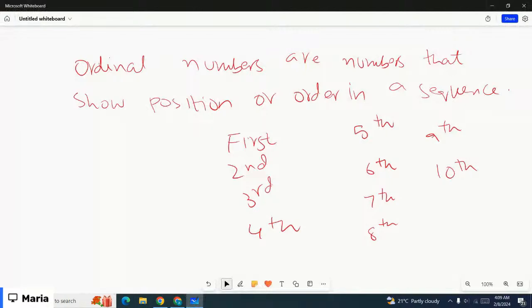They tell you the position of a number. You can keep them in your mind. These are the ordinal numbers.